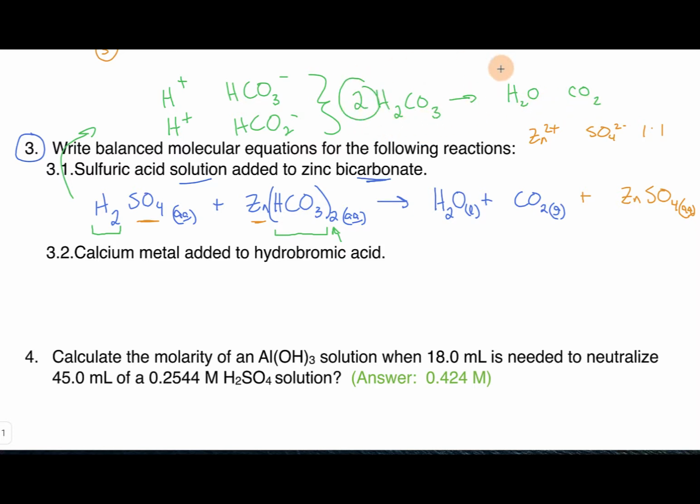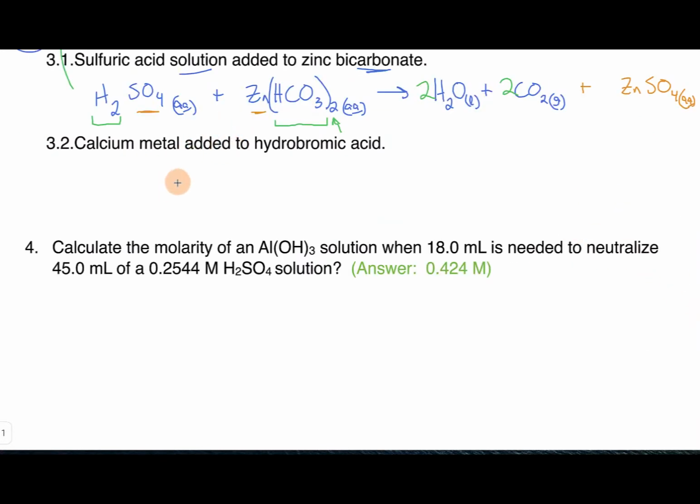Since we have 2 here, 2 and 2, that's going to balance out our reaction, and we're done. The other way to balance the equation, instead of going through what I wrote up here in green, is to just by inspection count up the hydrogens, carbons, and oxygens, and then you'll see you need 2 and 2 in front of the water and CO2 to balance out those elements.